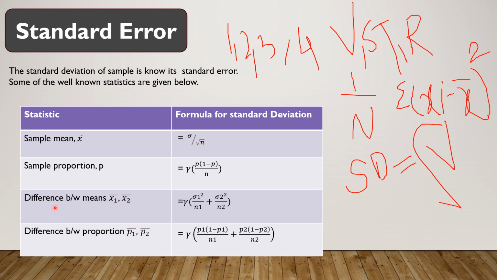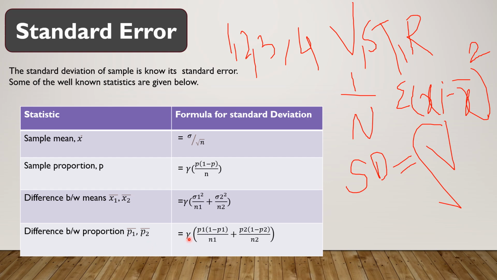So if you want to know the difference between the sample means, the formula for standard deviation is gamma into sigma 1 square by n1 plus sigma 2 square by n2, and for the difference between the proportions, which is denoted as p1 bar comma p2 bar.